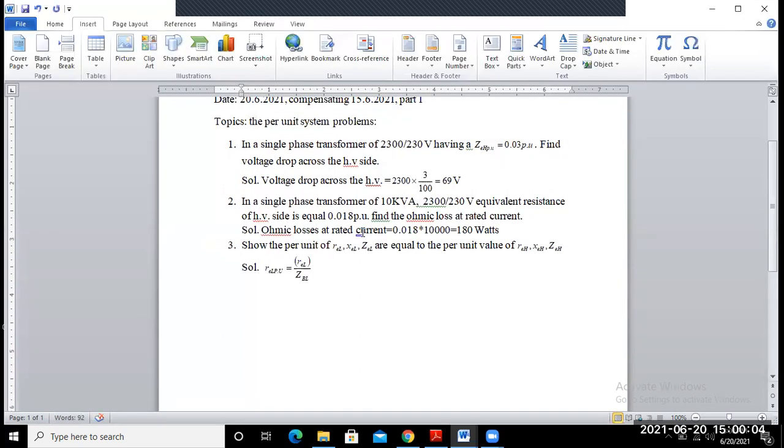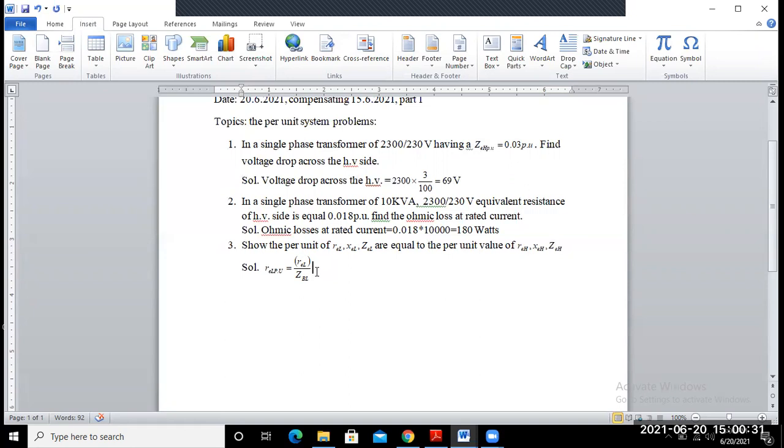We also know that the equivalent resistance of the low voltage side, R_EL, is equal to the equivalent resistance of the high voltage side referred to the low voltage side.